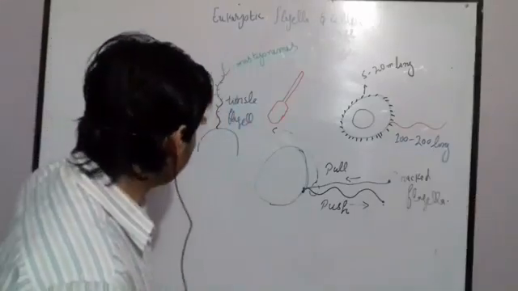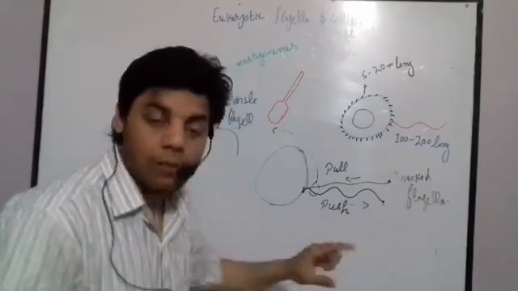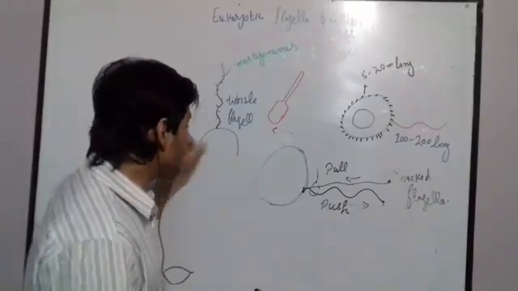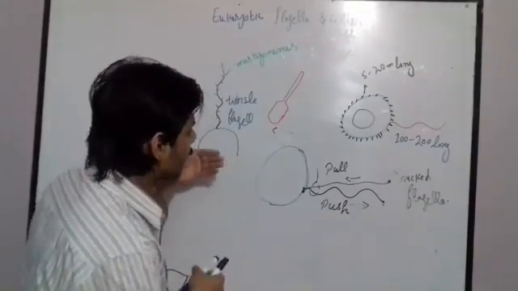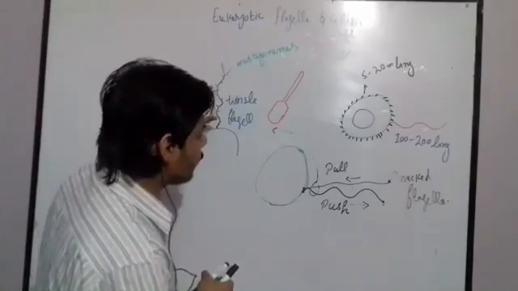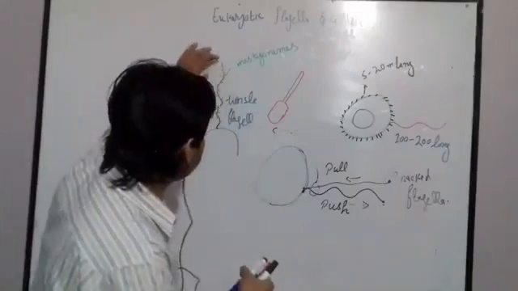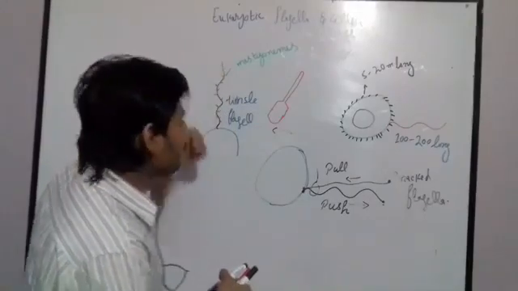When the cell has a tensile flagella, the cell will be pulled. Why? Because with this structure, the flagella movement will be from tip to base.